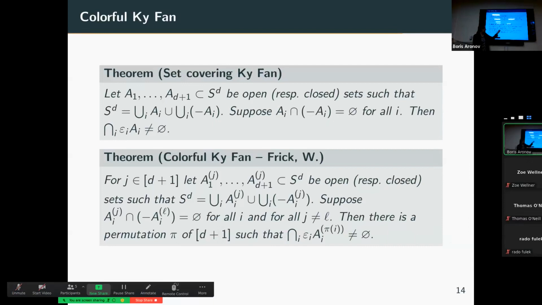So each one covers the sphere, and then you have this intersection criteria where there's no A_i and minus A_i that intersect from the jth cover and the lth cover. And if that happens, then you have to have some permutation pi where the pi of ith set from the ith cover with fixed signs has a non-trivial intersection. And this is the key part of proving the Borsuk-Ulam theorem.